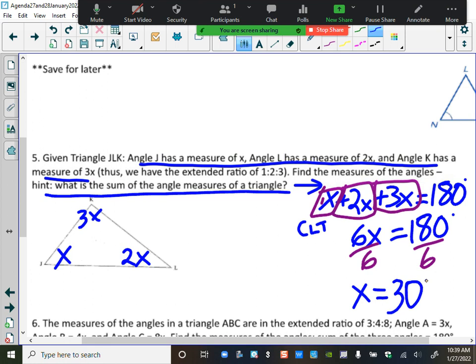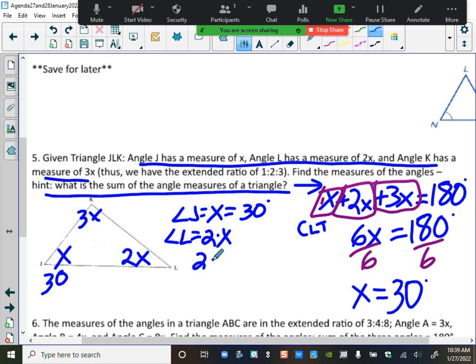So now we have X. Angle J was X, but how many degrees is X? 30. And then angle L is 2X, so what are we going to do with the 30 and the 2? Plug it in.